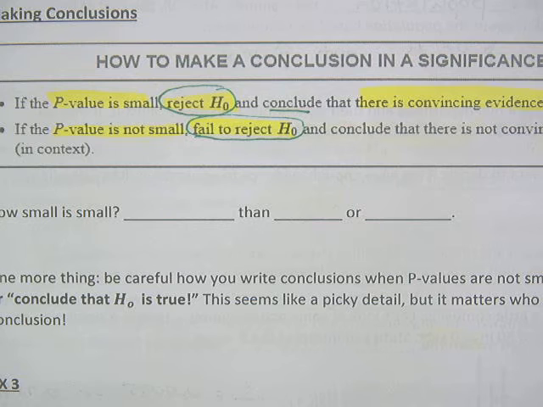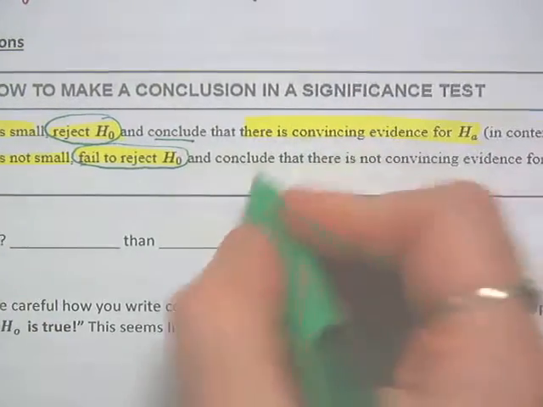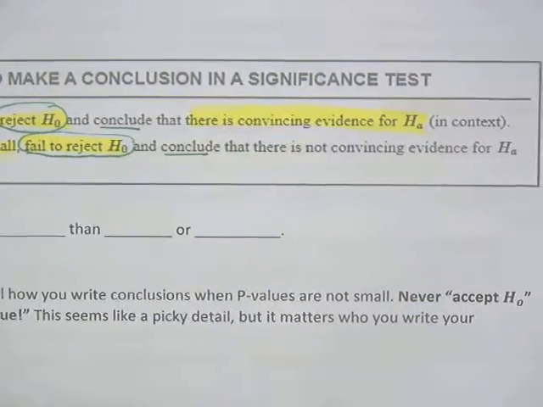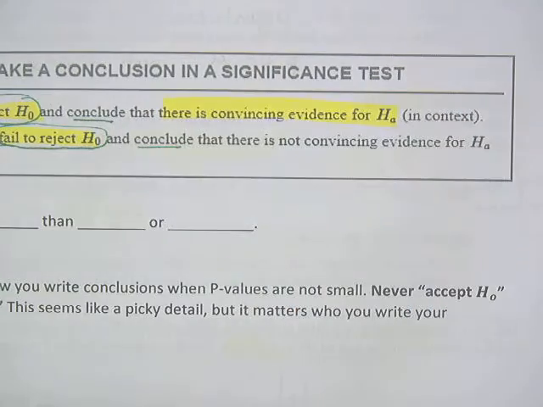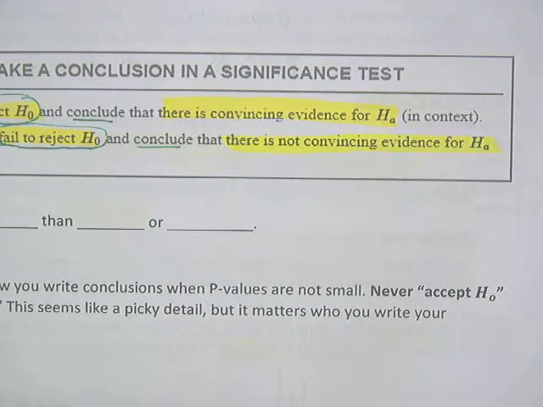The same thing as failing to reject something is accepting it, but you're just not allowed to write it that way. You can't say we accept H0. You have to write it as we fail to reject it. Well, if you fail to reject the null, then the conclusion that you make is that there's not convincing evidence for the other one, the alternative.